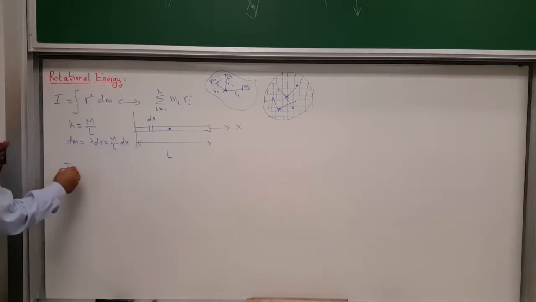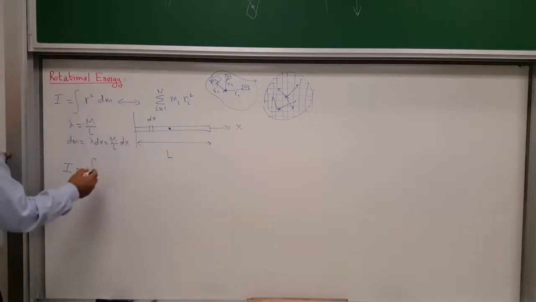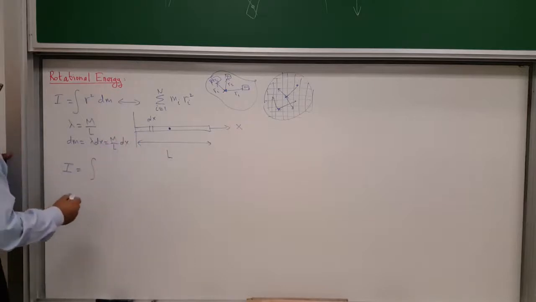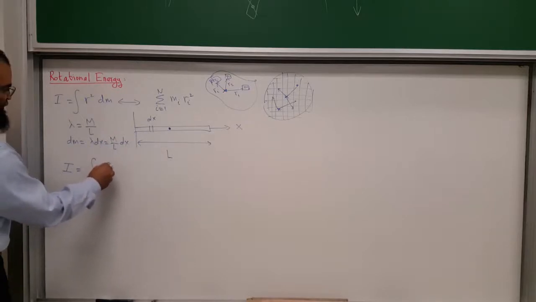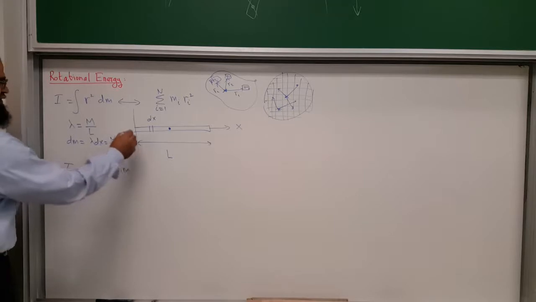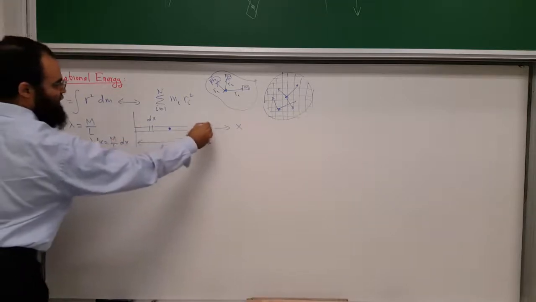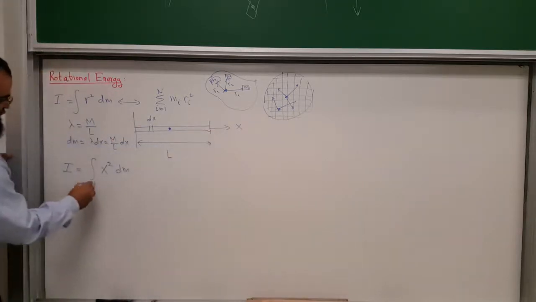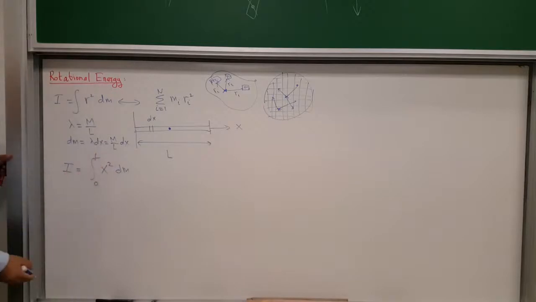So the moment of inertia would be the integral. Since I'm going just in the x direction, r is equal to x. There is no y component. So it's just x squared times dm. The mass exists between x equal to 0 and x equal to L, so from 0 to L.